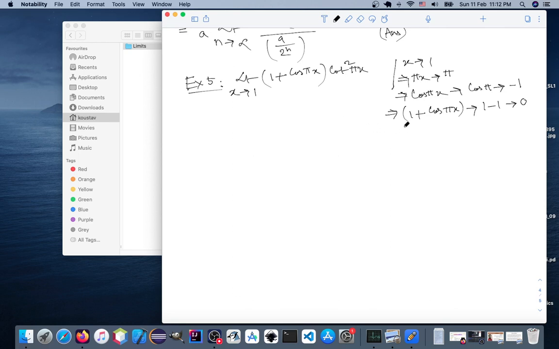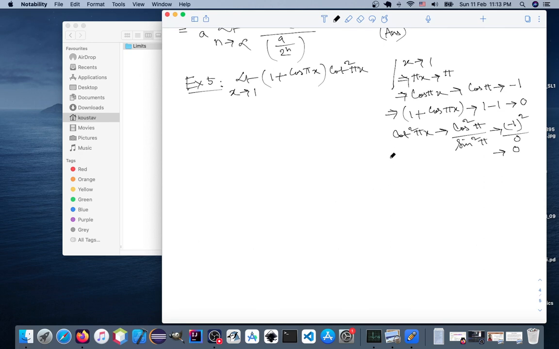Also, cot square pi x will tend to cos square pi by sin square pi, which will tend to minus 1 square by 0, basically tends to infinity.